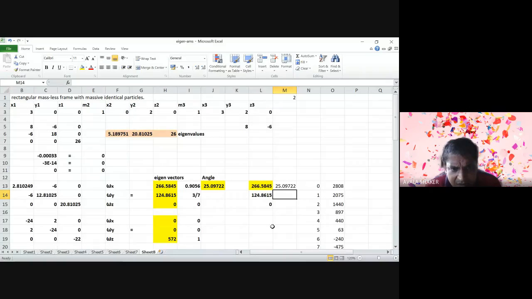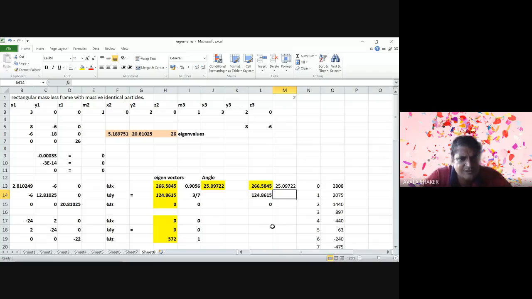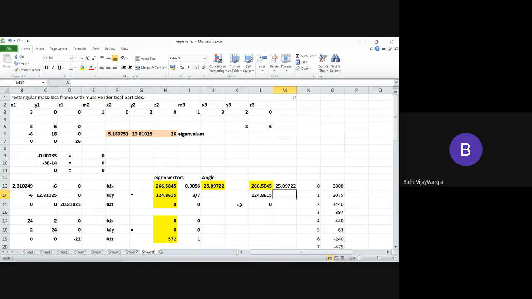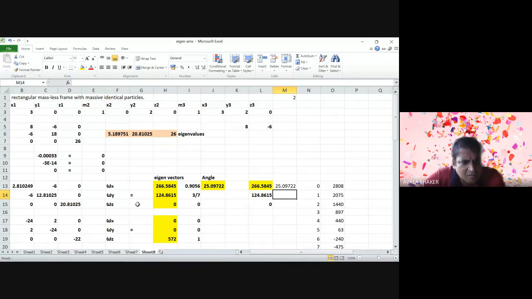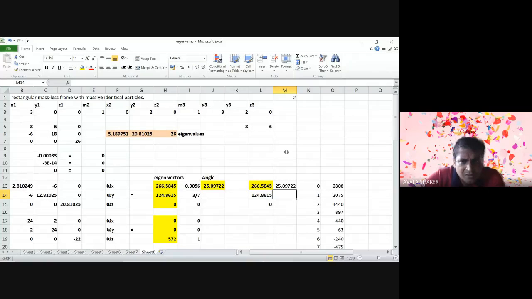How did you create that matrix for E5? I'm getting an error. You have created this matrix for E5 now, the A minus lambda I matrix. What is the problem you're getting?